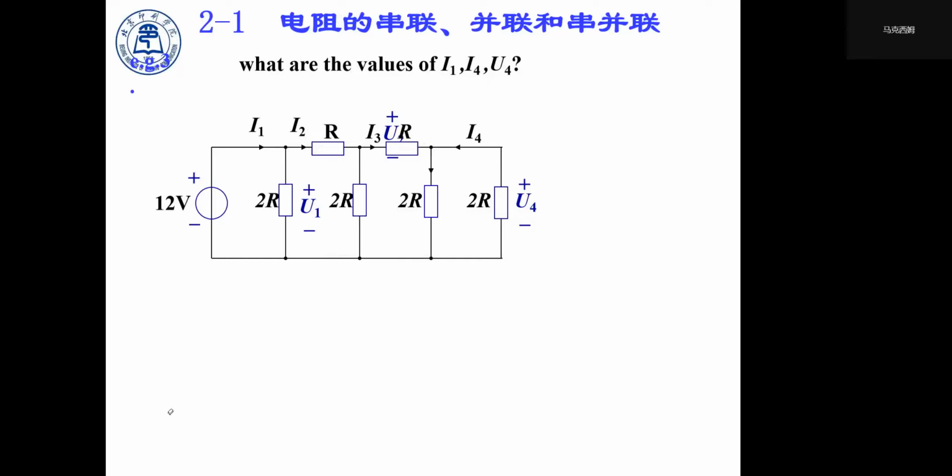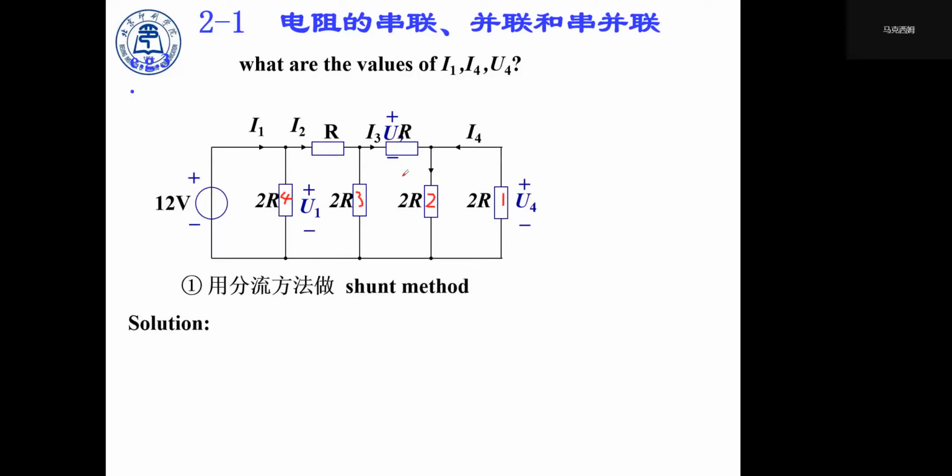So let's still name it. We call this one resistor 1, this one resistor 2, this one resistor 3, and this one resistor 4, right? And we can see there are a total of four resistors.